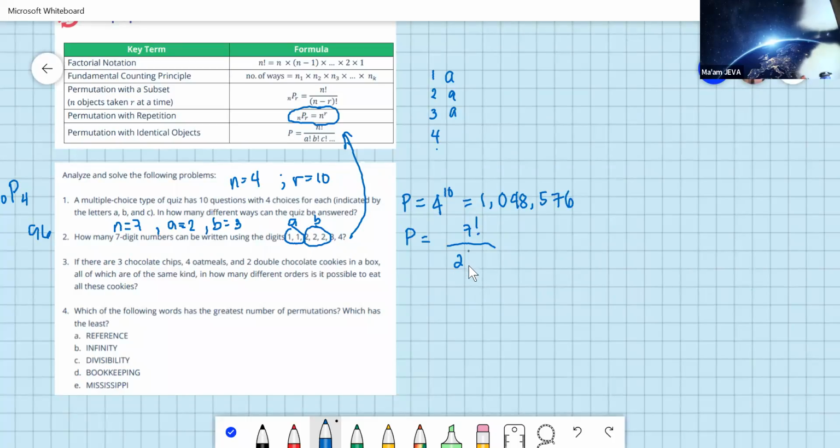And then you have also 3 factorial. So what's the answer? 420. So the answer is 420.